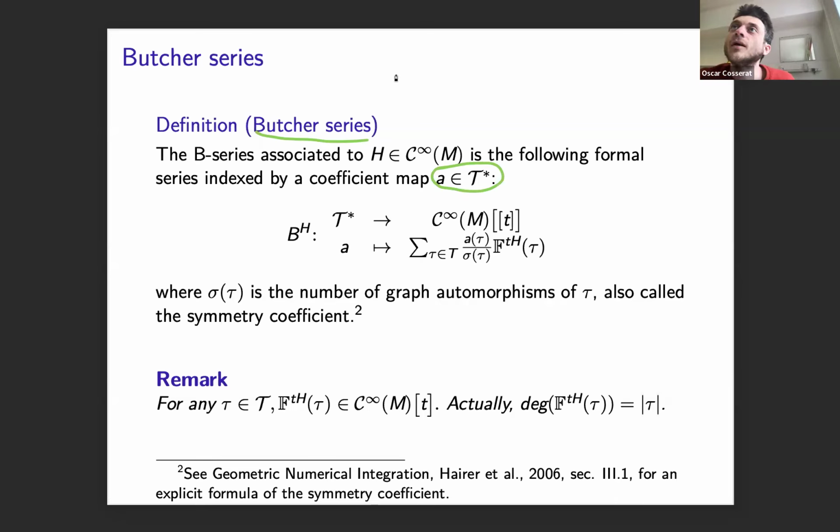So A, T star are characters on T. I mean linear maps going from T to R. So this is the formula for the Butcher series.